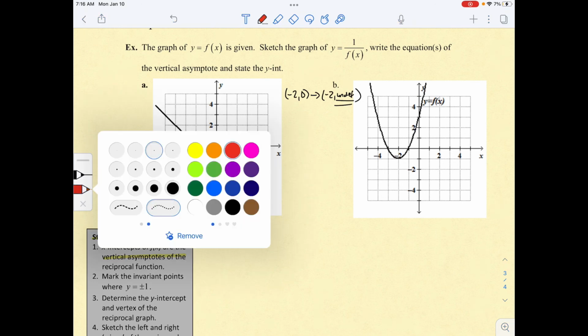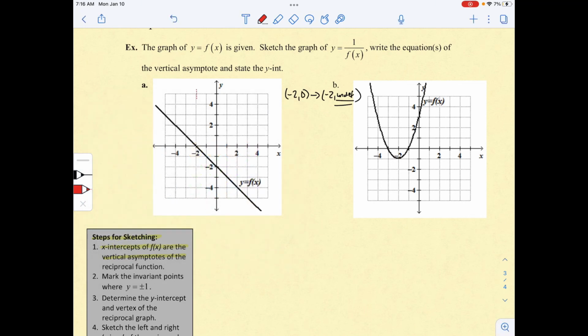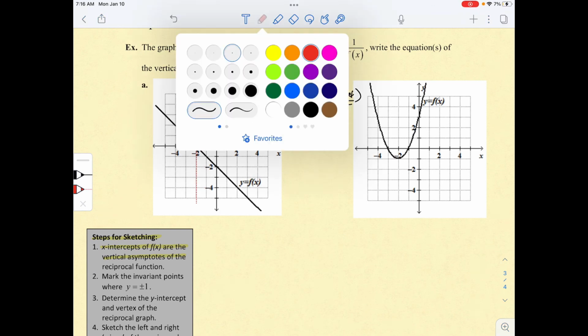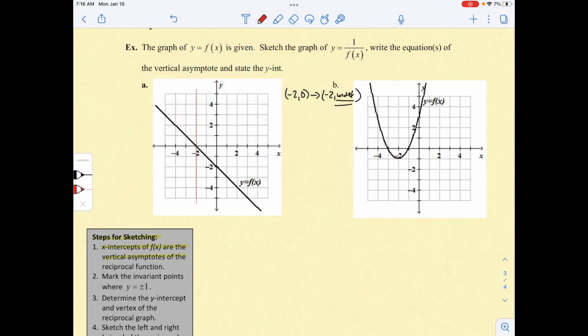That undefined portion is what gives us our vertical asymptote, right? Because the reciprocal of 0 is undefined, our vertical asymptote here will be at x equals -2.